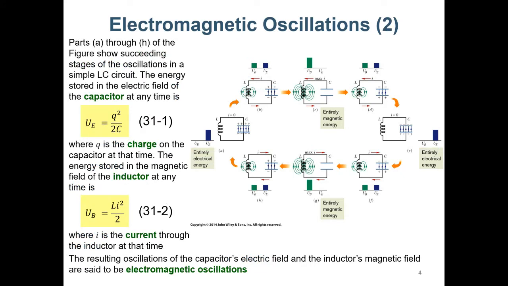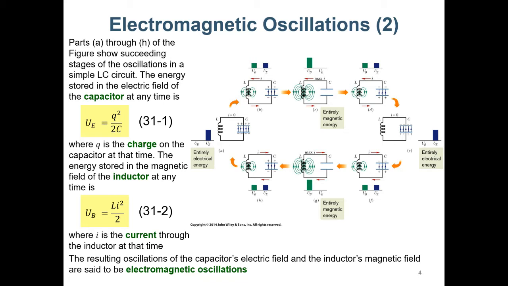As we have learned in chapter 25 and chapter 30, we know that the energy stored in a capacitor and the inductor is something like this. UE is Q squared over 2C, or 1/2 CV squared. UB will be 1/2 Li squared.